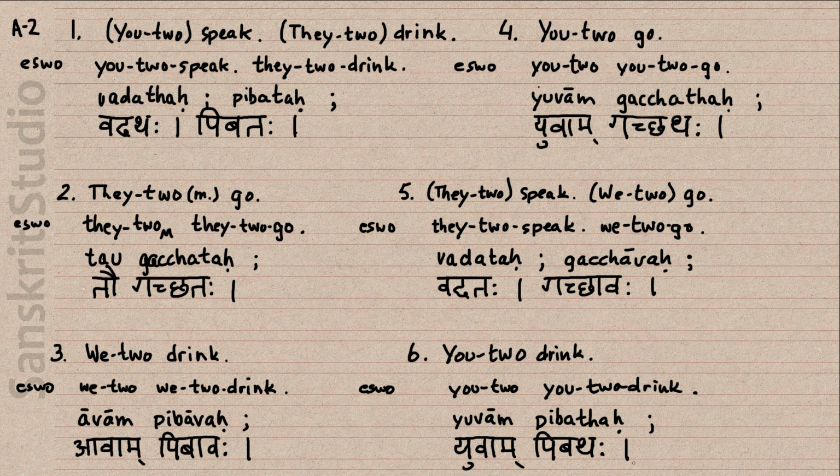Yes. Okay, so now let's proofread this. Okay, you two speak, they two drink. Vadatah, pibatah. Yes. Number 2, they two go. Tau gacchatah. We two drink, and avam pibavah.